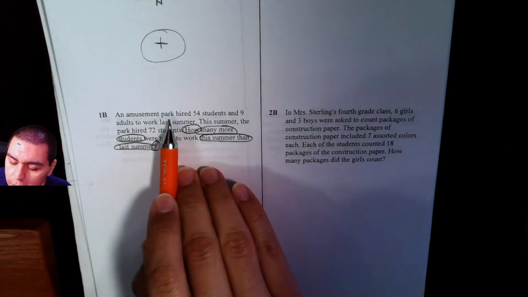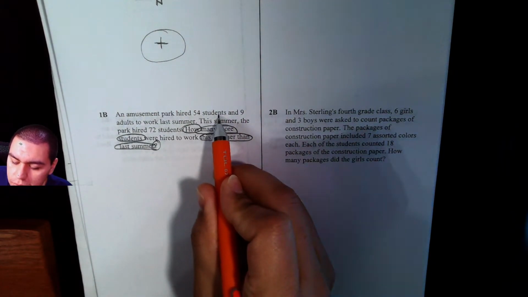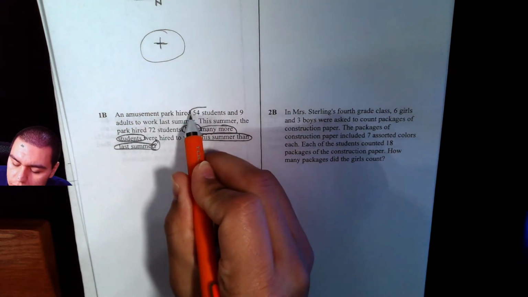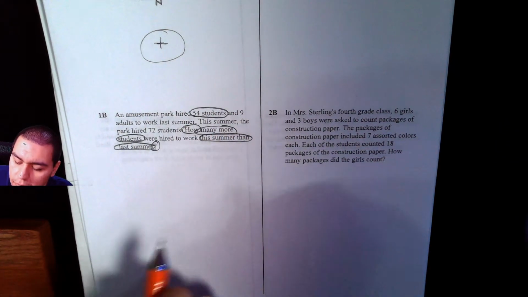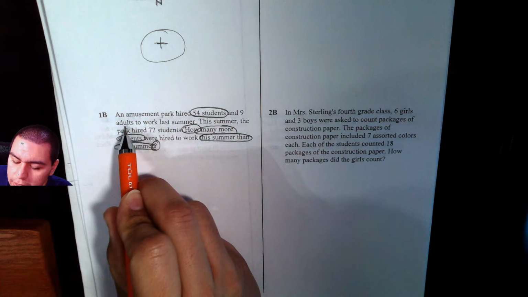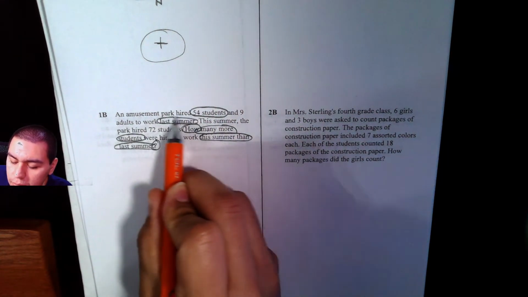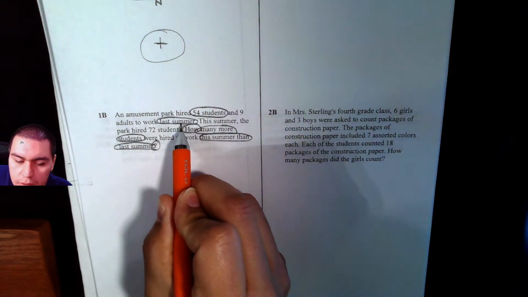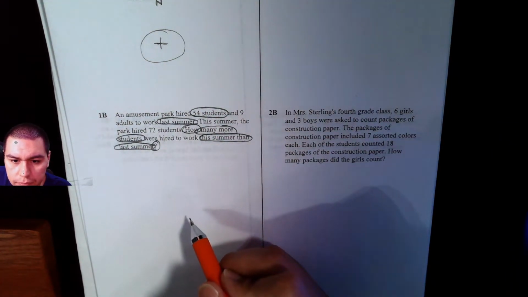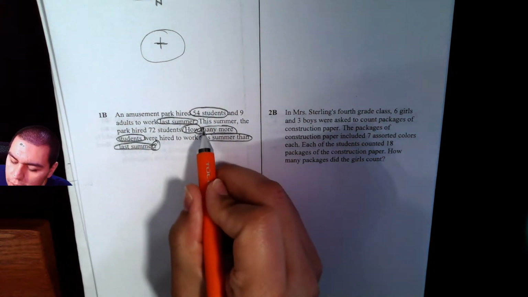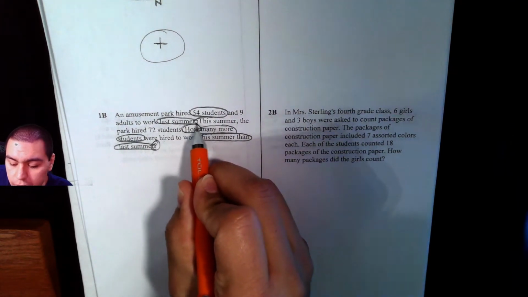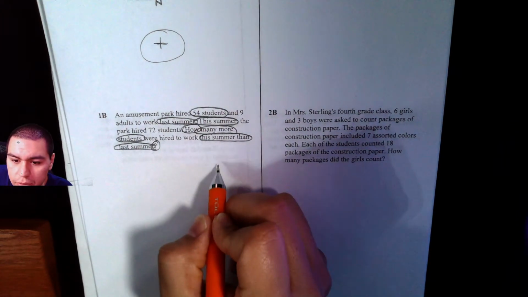An amusement park hired 54 students. Okay, here we have some students. And 9 adults to work last summer. Okay, so this was last summer. 54 students last summer. This summer, okay, I already know this is important because it says this summer.